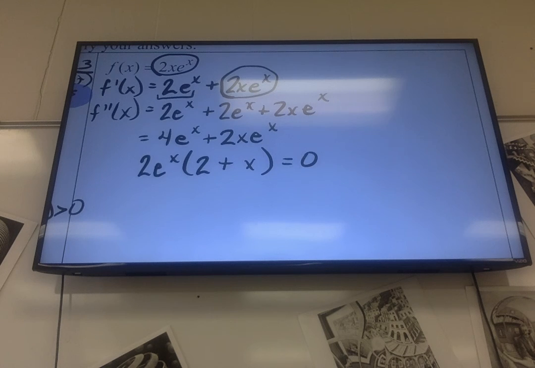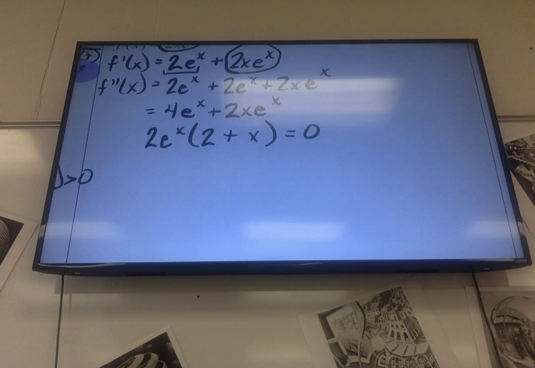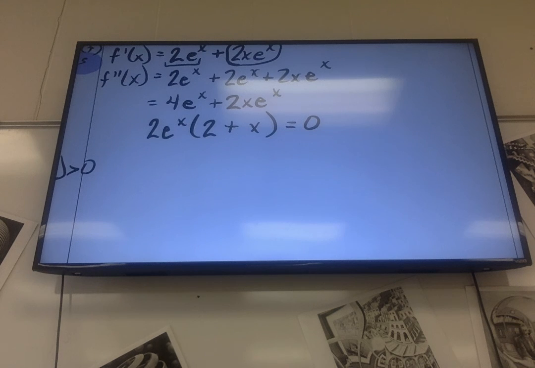So I set it equal to 0, or it's undefined, which it's not undefined. So 2e to the x equals 0, and 2 plus x equals 0.